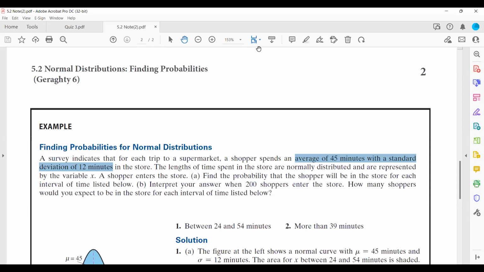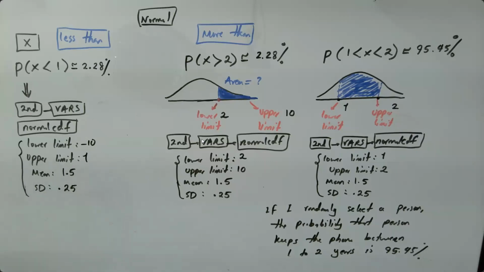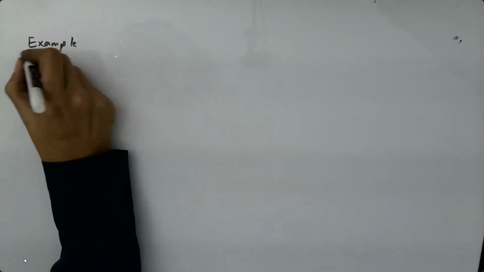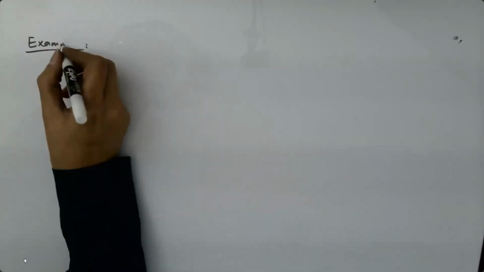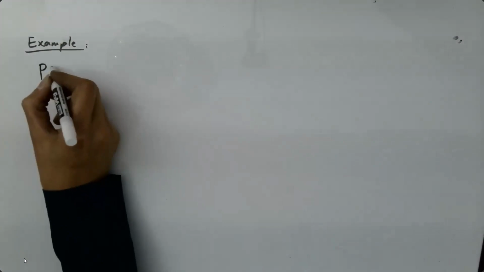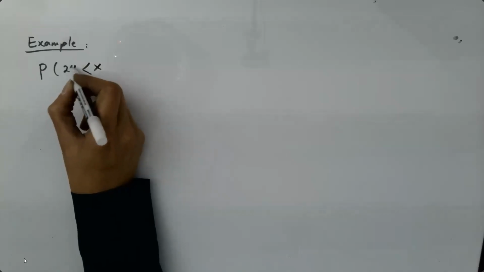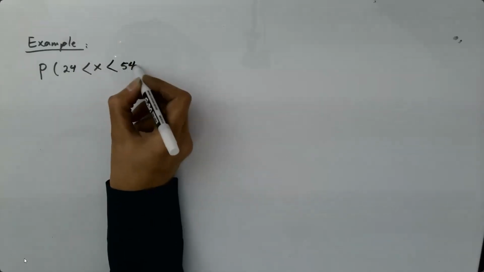Let's take a look at our board. So here we have the following. So this is our example. I have the following case. We want to know the probability that our X is bounded between 24 minutes and 54 minutes.